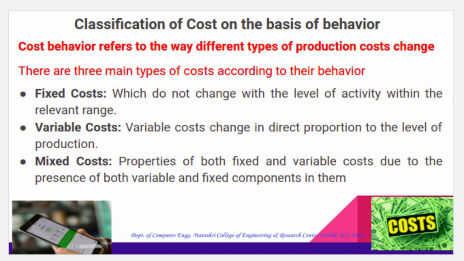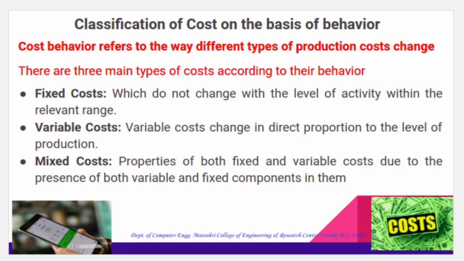For example, telephone expenses are a mixed cost because they usually consist of fixed components such as rent and fixed subscription charges, as well as a variable charge per minute. Another example of mixed cost is delivery cost, which has a fixed component of truck depreciation and a variable component of fuel expenses.